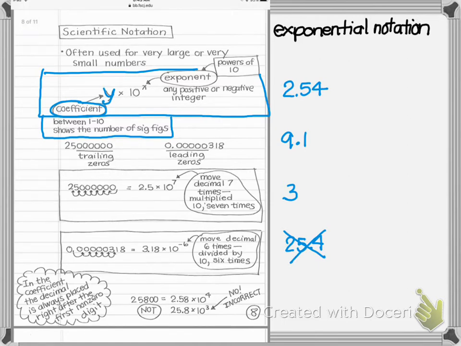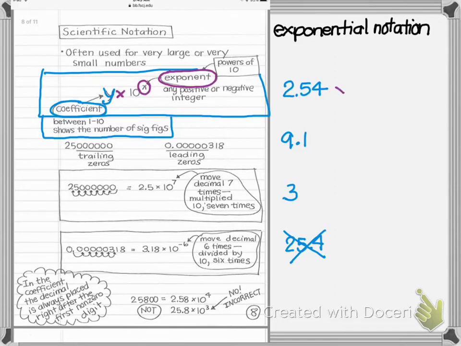Then when we take the coefficient, we multiply, it will say times, and then it has a 10, and then you're going to have 10 to a power here. That power is called an exponent, and basically scientific notation or exponential notation is rewriting a number based on a power of 10. Now that exponent can be a positive or a negative integer, so it's a whole number.